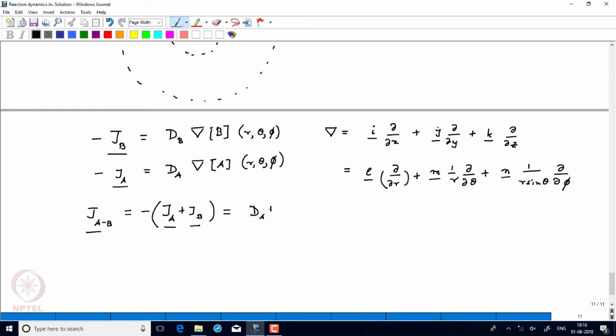It will be D_A plus D_B times the gradient of B. Now in this case again remember that I have assumed that the gradient of B is identical to the gradient of A, because the gradient is being created by the same mechanism. When A and B encounter, both vanish and P emerges, and that is why the gradient is formed, and so the A and B gradients should be equal. That is an approximation, but it is a very valid approximation under this model.